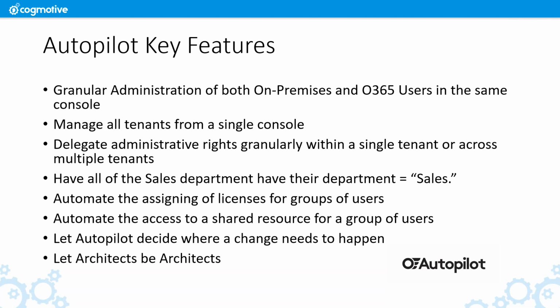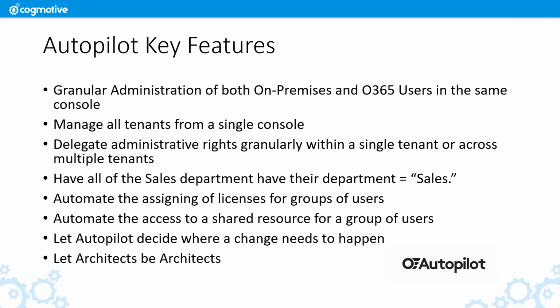Letting Autopilot decide where a change needs to happen. So from my point of view, if you have a local Active Directory that is being synchronized with Azure AD, and you have to update your users or the synchronized users on-prem, but you also have some cloud users that also are part of the organization and they're cloud only, we can update those there.